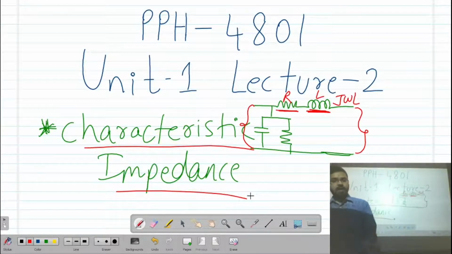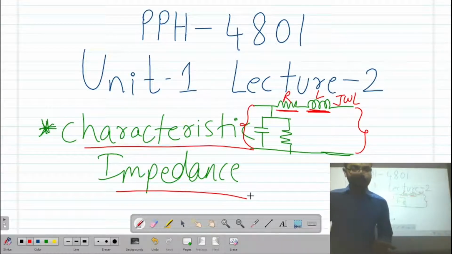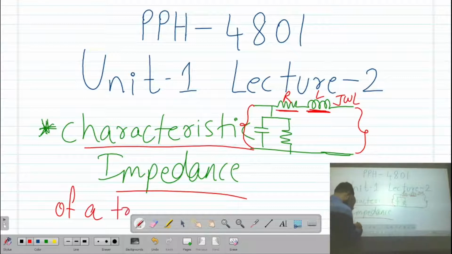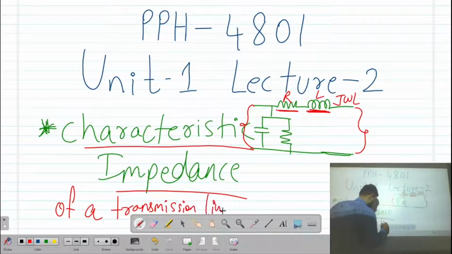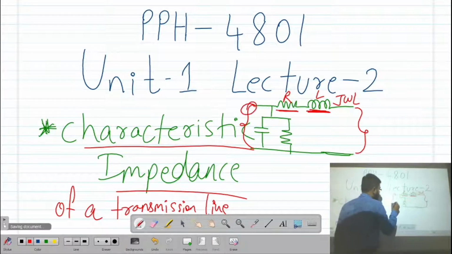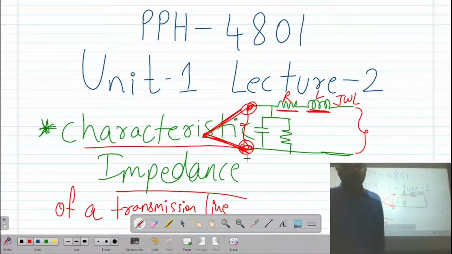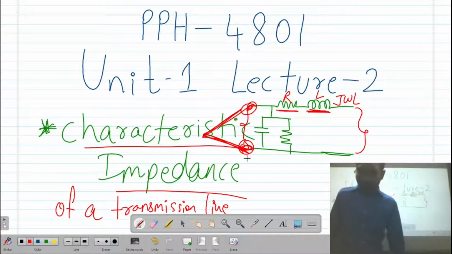Now, by definition, what is the characteristic impedance? The characteristic impedance of a transmission line is nothing but the impedance measured at the two input terminals of a transmission line when its length is infinite.